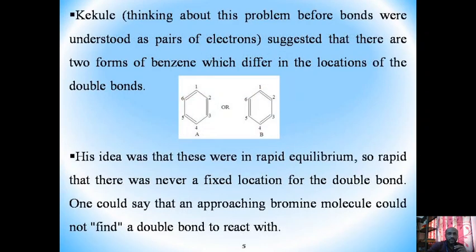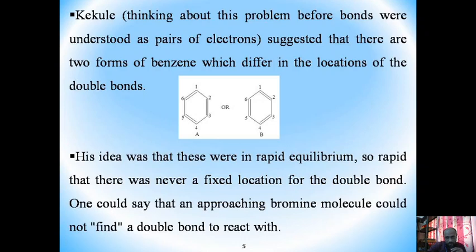Then Kekule, thinking about this problem before bonds were understood as pairs of electrons, suggested that there are two forms of benzene which differ in the location of the double bonds.